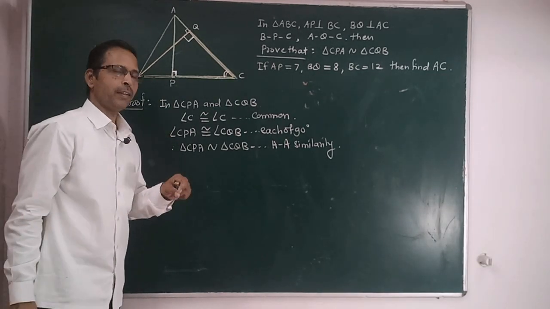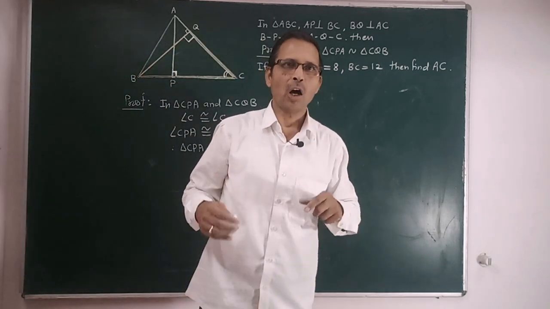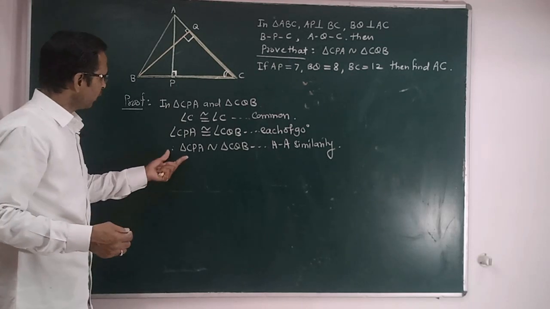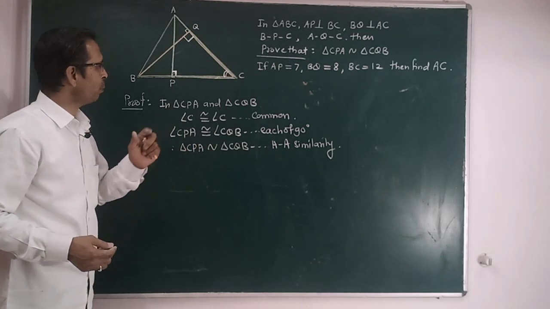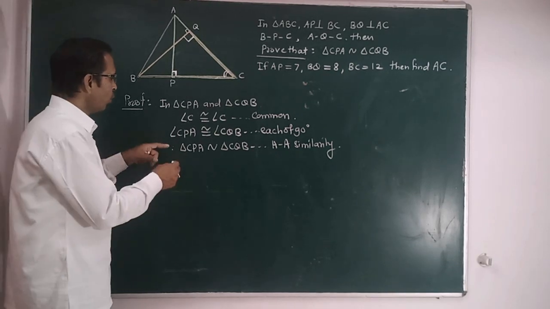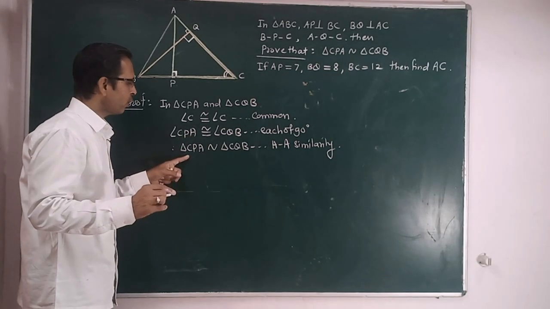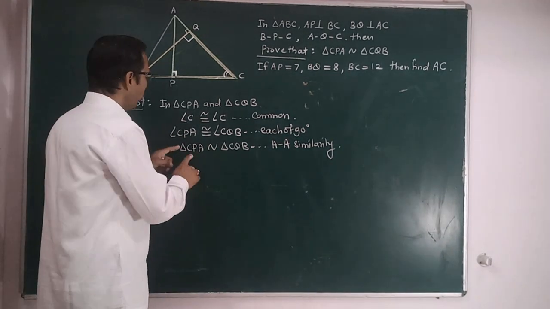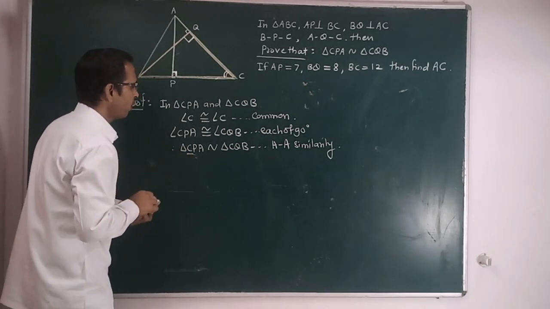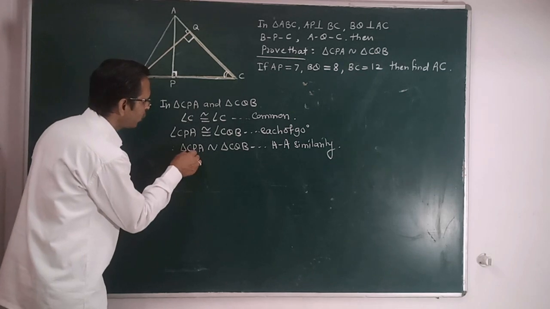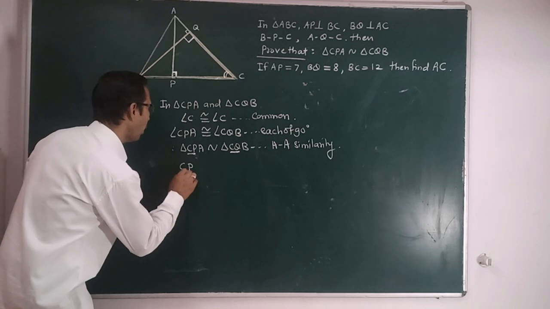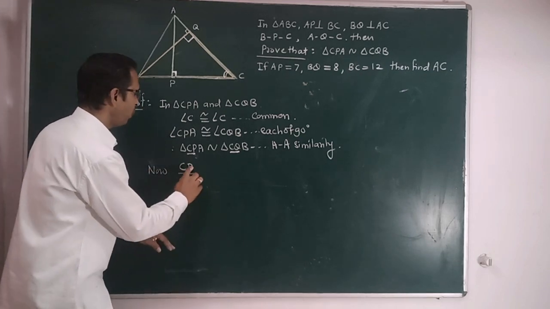Now we know that when triangles are similar, all the conditions are automatically satisfied, and that's why the sides are in proportion. When we write the proportionality of the sides, we use the letters like this. CP, the corresponding side of CP, is CQ, so CP upon CQ.